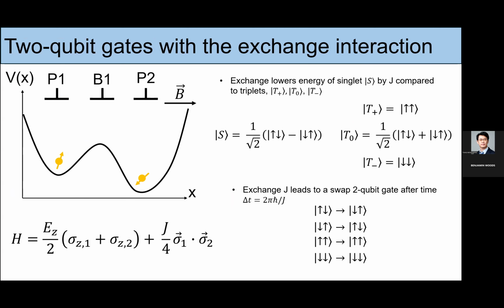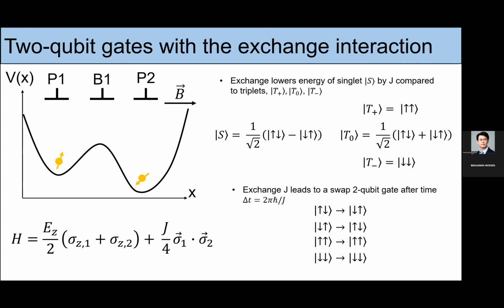Loss-DiVincenzo spin qubits. Now, the physical origin of this exchange interaction is actually quite interesting. Like I was saying, it's a many-body problem. It comes from the combination of Coulomb interaction and the Pauli exclusion principle, which is kind of amazing. If you think about the Coulomb interaction, it doesn't know anything about spins.